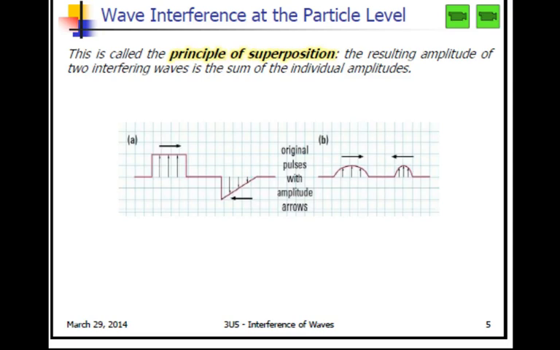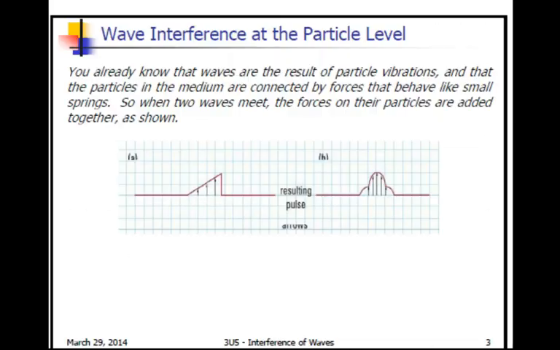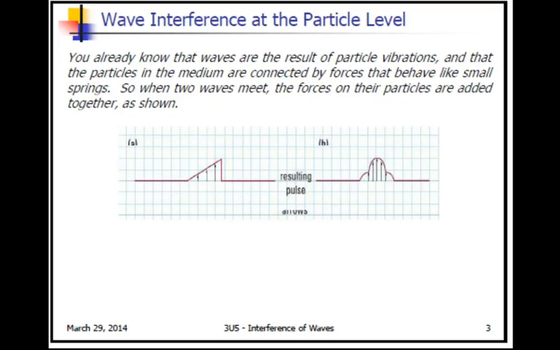When those waveforms meet, a superposition occurs, where we add together the two waveforms, and our result is something like this. In the first case, when we add those together, we're essentially cutting a triangular half out of the waveform that was moving to the right for A. And for B, we add the waveforms together, and the two waveforms in the center add together to have a larger amplitude.